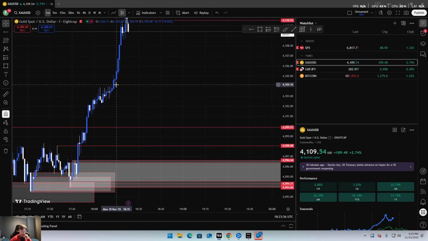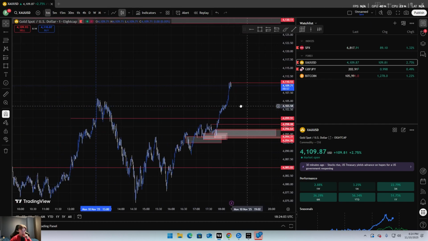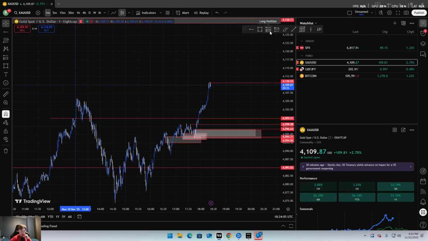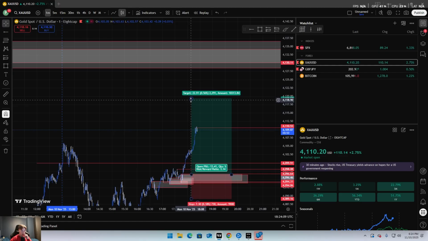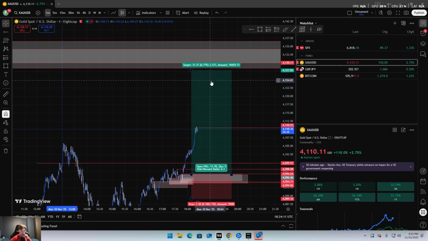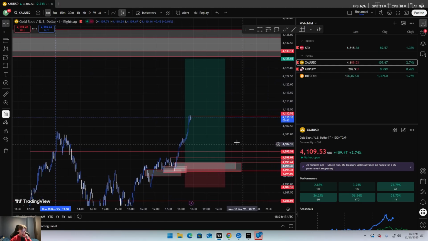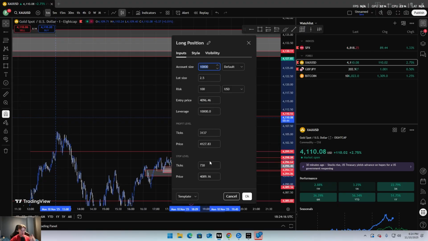If it does get a retracement, it could be going up here. So if it does go up there, we're going to be setting up a trade from just there to over here, and that would be our take profit. But we still have to wait to see it happening.